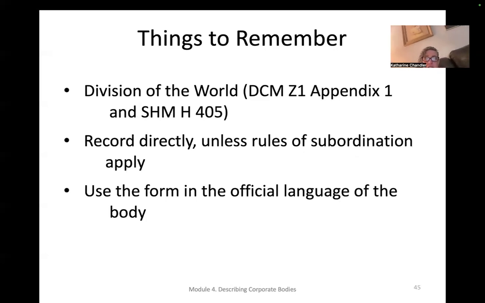Things to remember: Division of the World, DCM Z1, Appendix 1, and SHM H405. Record directly unless rules of subordination apply. Use the form in the official language of the body.